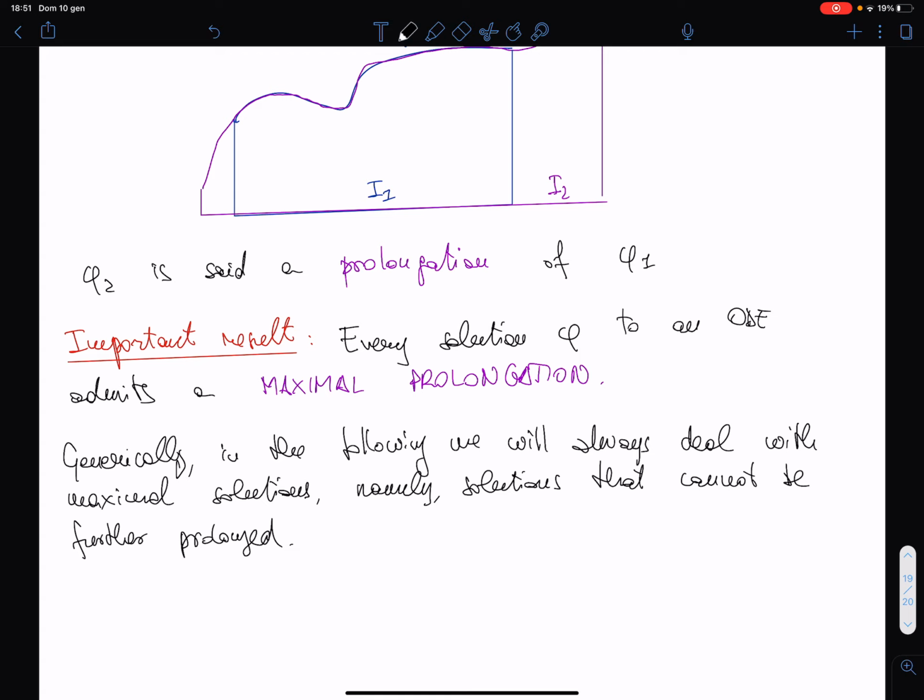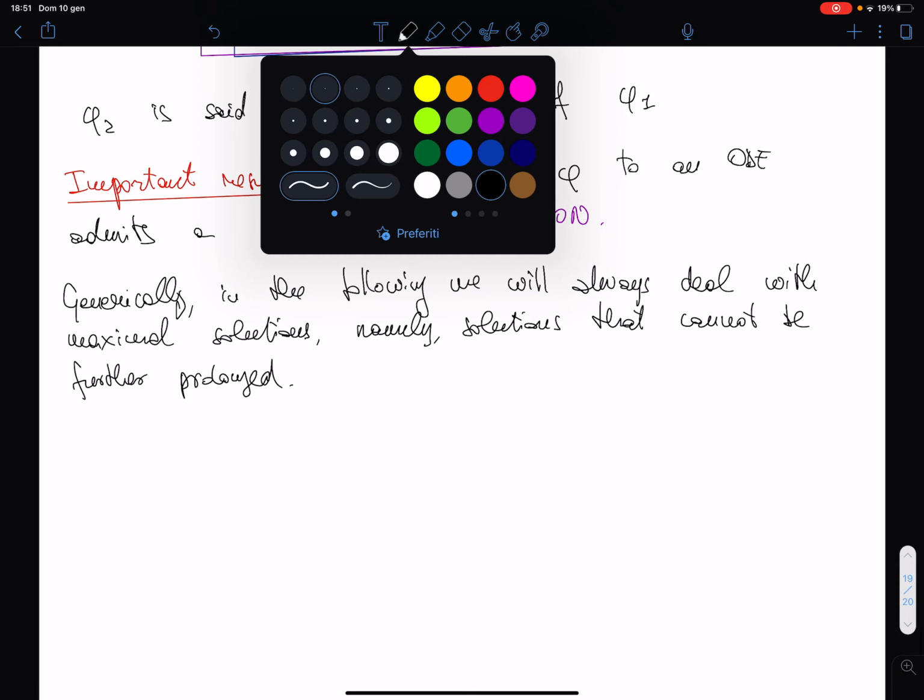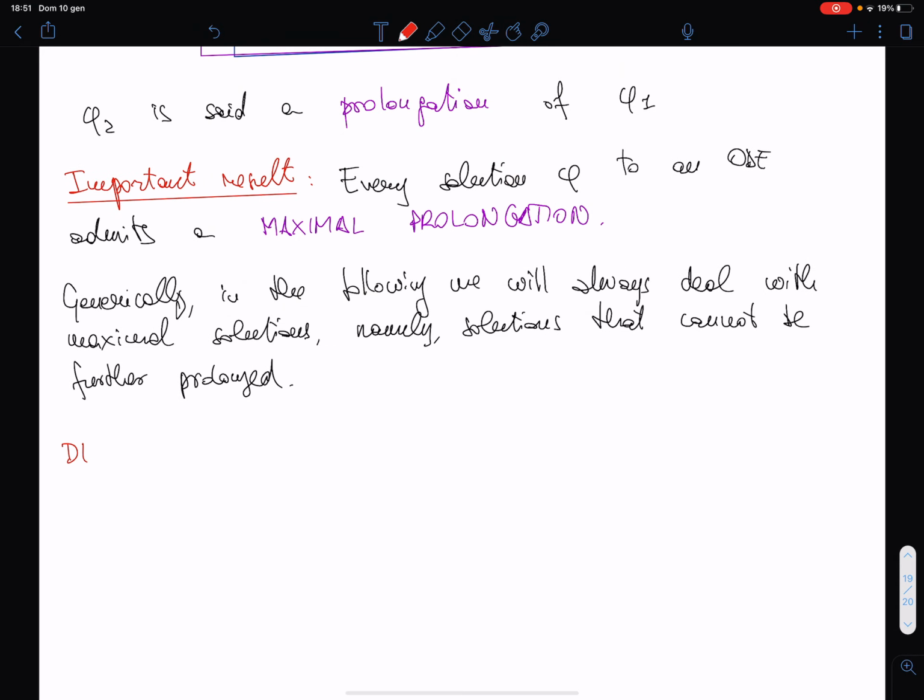And so let us deal with another problem, which is the Cauchy problem, that we already met, because it is the so-called initial value problem.